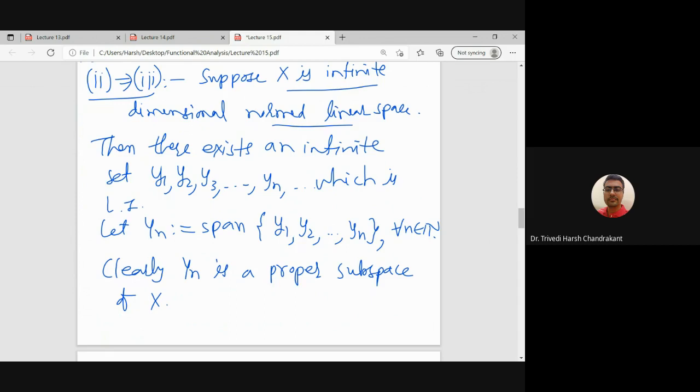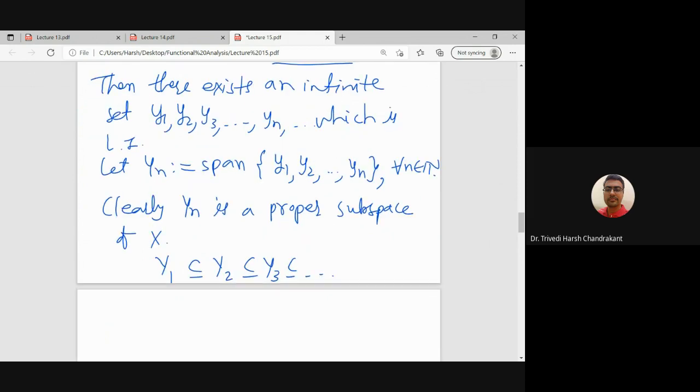So what is Yn? Yn is basically an increasing sequence of subspaces: Y1 is contained in Y2, contained in Y3, and so on. Therefore, for each natural number n, what is the Riesz lemma?